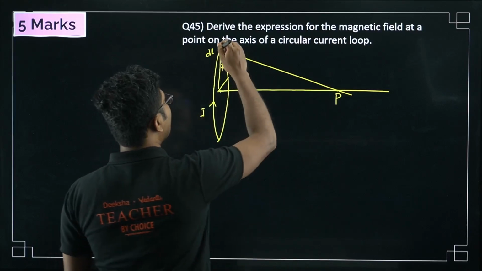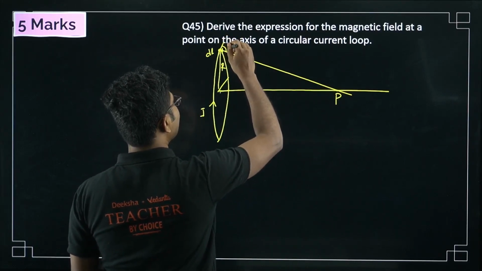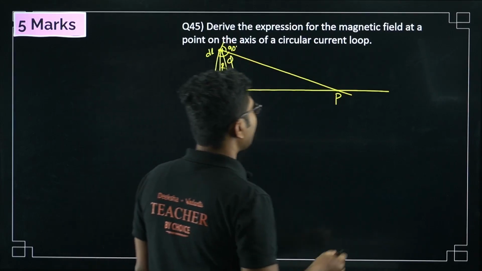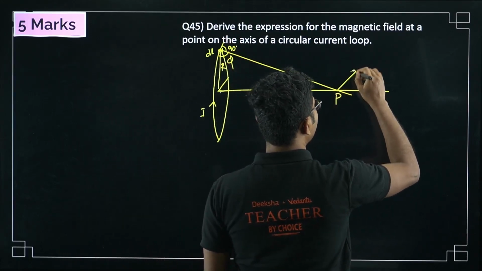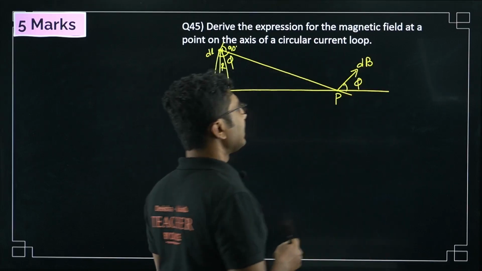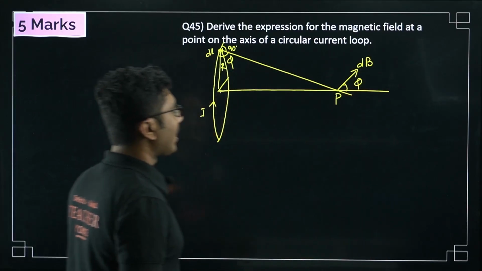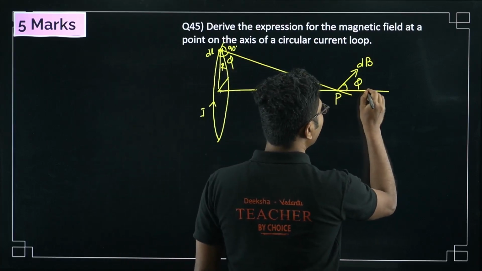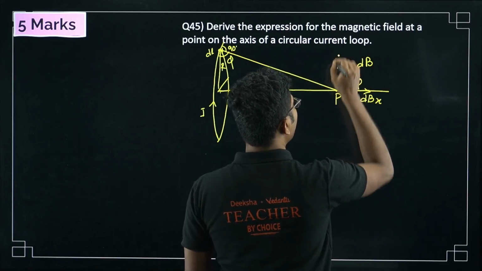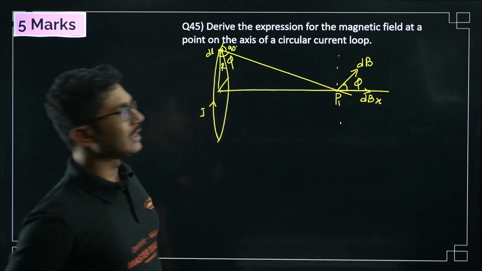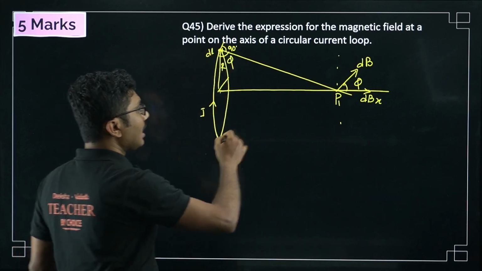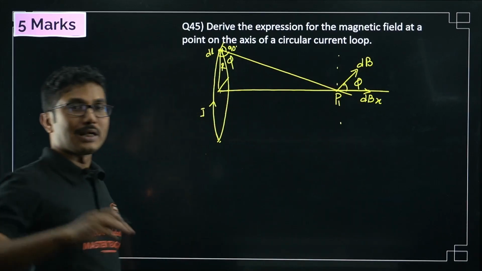The angle theta in this case is 90 degrees. We will consider another angle phi. The magnetic field at this point, which will make dB, will make an angle phi with this. So this angle is phi. Now only the x component will survive, that is dBx. Y components will cancel because of the circular symmetry. If you consider another point over here, they will cancel. I have explained it multiple times.